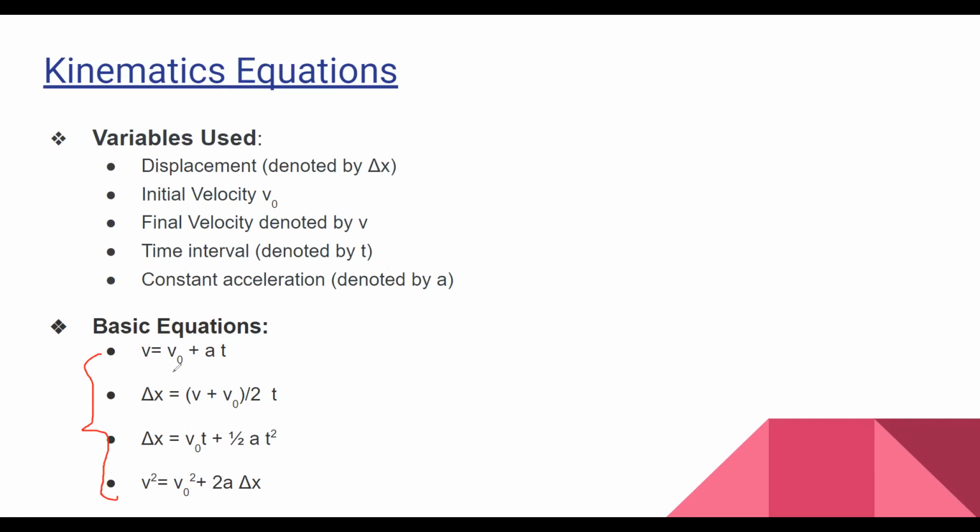The first one relates your speed at a moment with initial speed, acceleration, and time. Keep in mind that for all of these equations, you are assuming that your acceleration is constant. If your acceleration is not constant, you cannot use these equations.